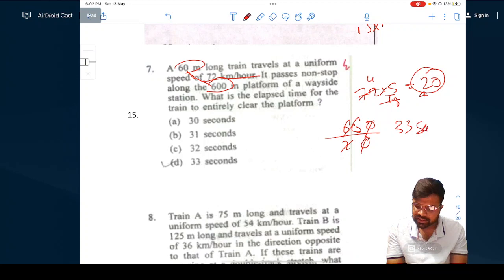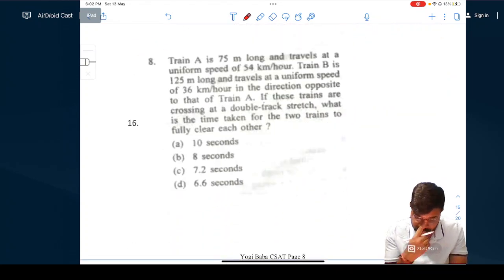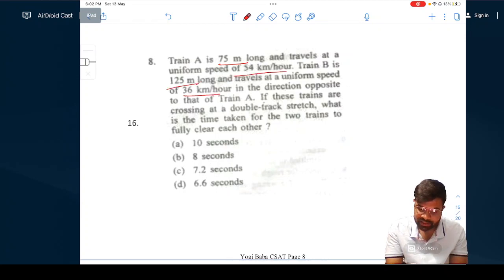Total length upon speed is equal to 33 seconds. Okay, now this question again, 75 meter long, speed de rakhi hai, train B is this, speed de rakhi hai. If these trains are crossing on a double track, what is the time taken for each train to fully clear each other? So the length of both will be 200, 125 plus 75.